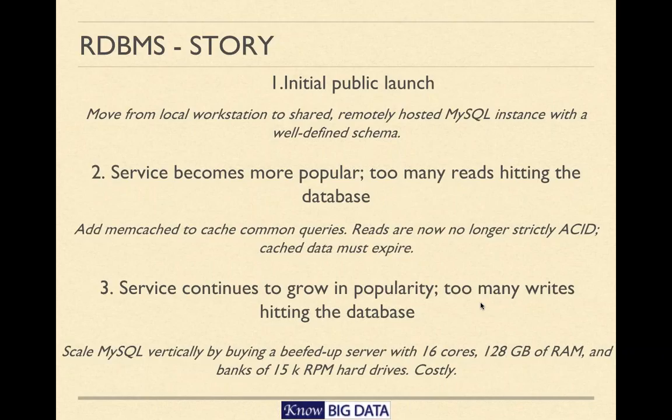The quick solution to such a situation was we add Memcache to our architecture, and everything starts becoming smooth. And what does Memcache do? Memcache basically caches common queries. What does it mean by caching?